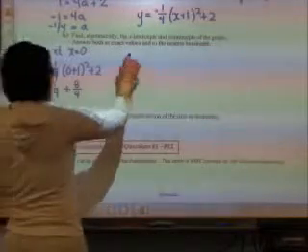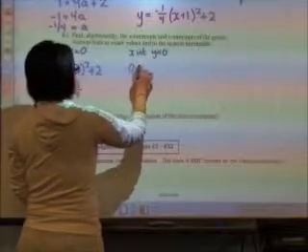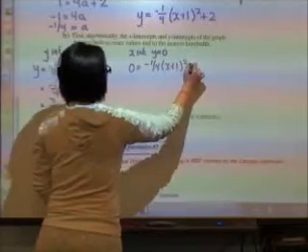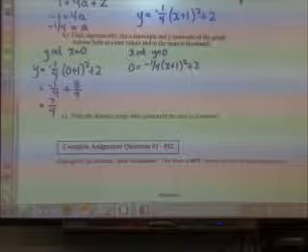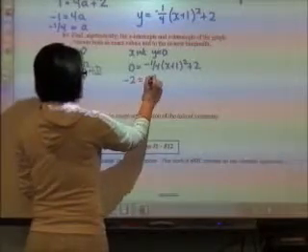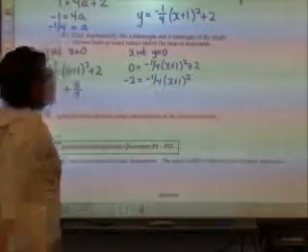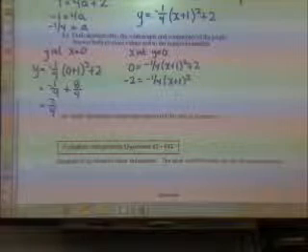And then when I do my x-intercept, I let y be equal to 0. So my first step would be to get rid of the positive 2, which means I would subtract 2 on each side. And then I need to get rid of that -1/4. How do I do that?